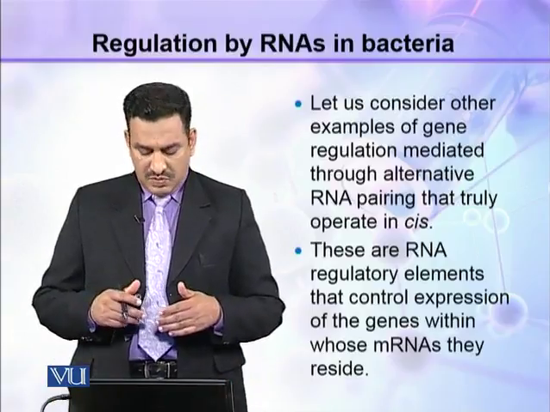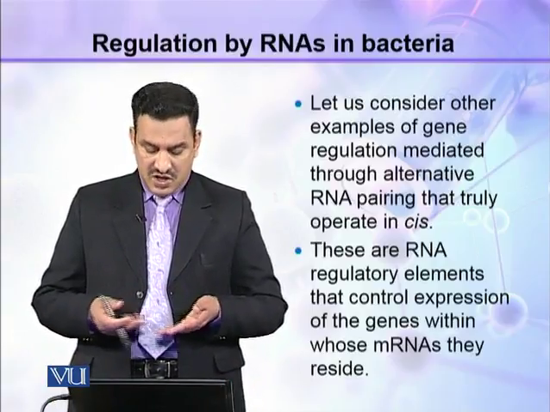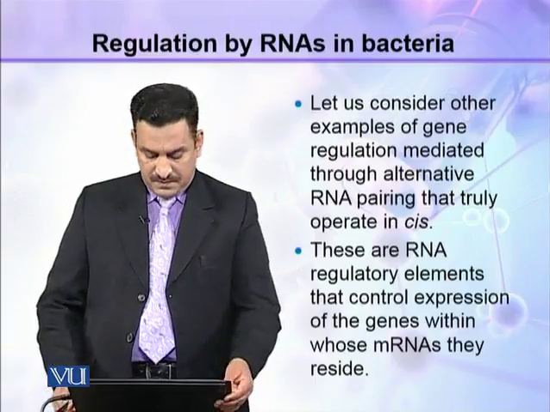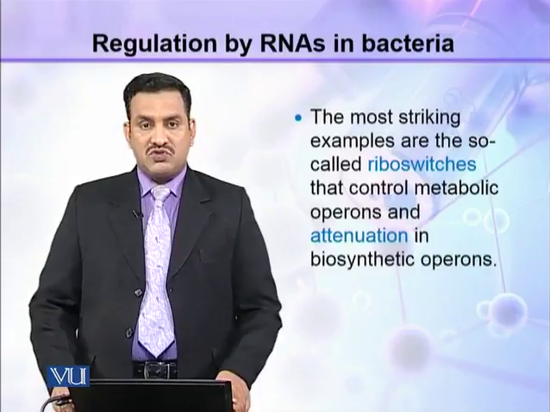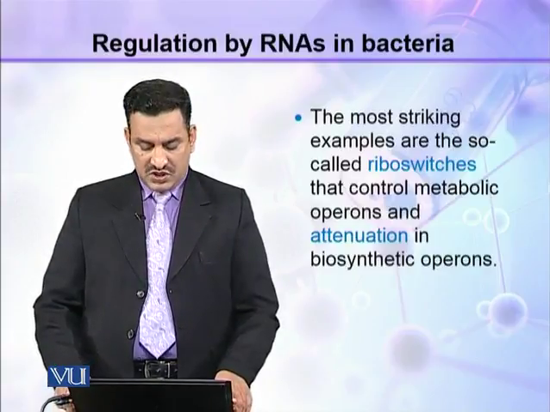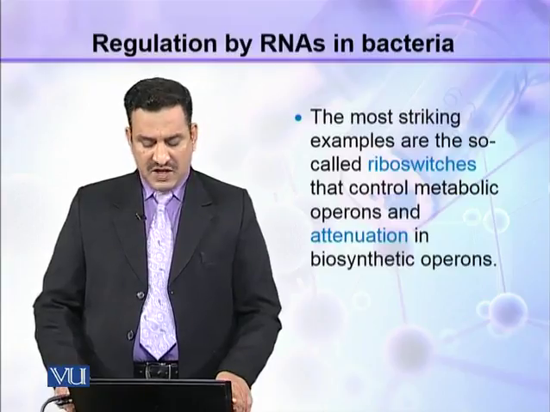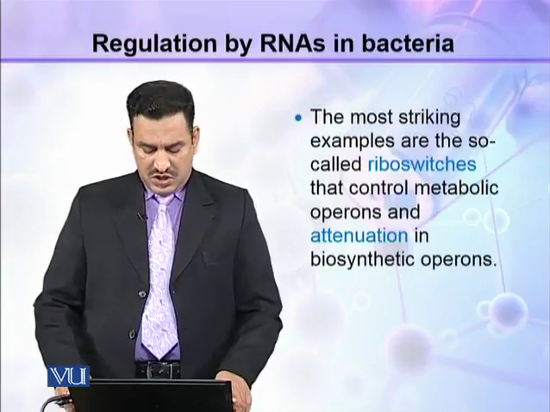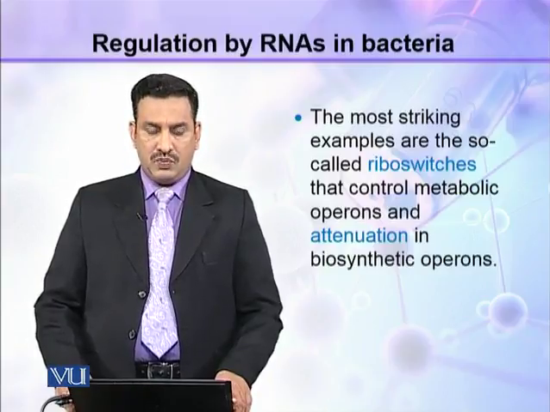So, जिस mRNA में ये reside कर रहे हैं, उसी के expression को ये control करते हैं. The most striking example are the so-called riboswitches that control metabolic operons and attenuation in biosynthetic operons.